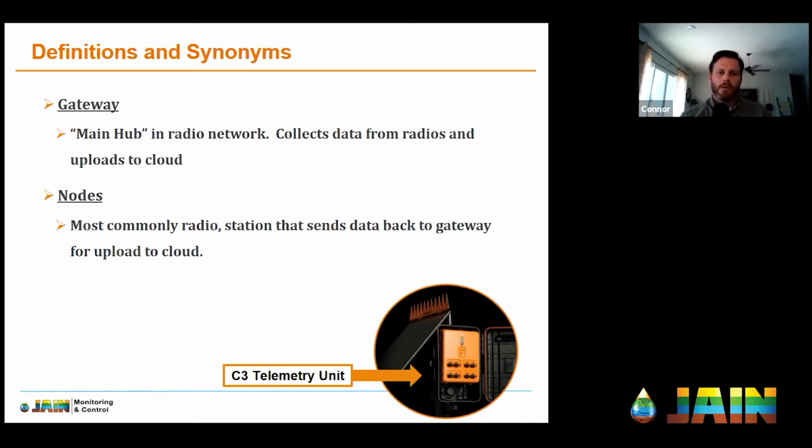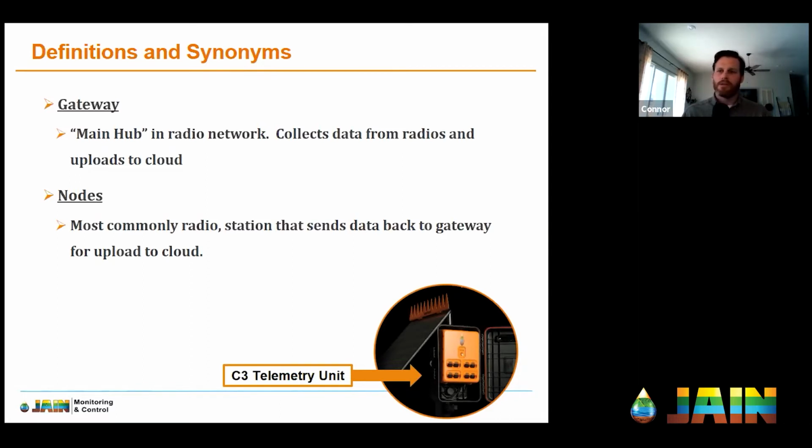The gateway is basically the main hub or the mothership, main station, whatever you want to call it. This is the device that collects all the data from the surrounding radios and then pumps it up into the cloud. The next term, node, refers to all those radios that are communicating to the gateway. Typically, this is a term used for a device that is just operating under radio and is relaying the data back to the gateway.